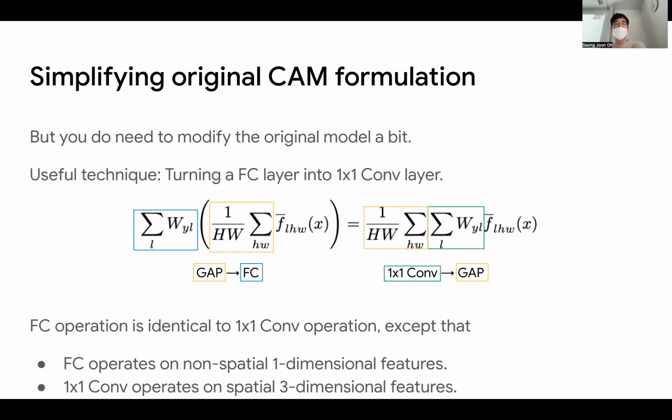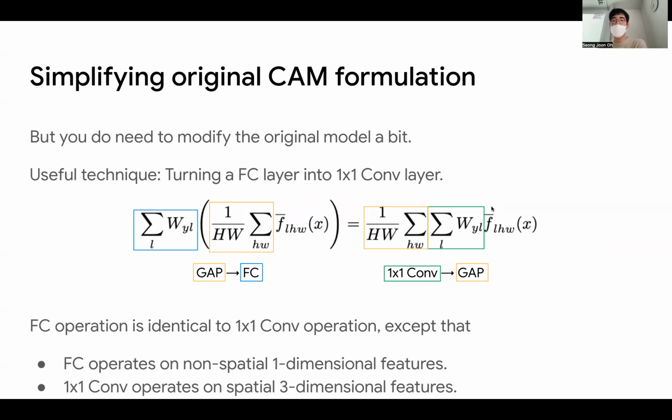But now, by doing this, you actually do need to modify the original model a little bit. Because now it was global average pooling and then fully connected layer. But now it's actually one-by-one convolutional net layer and then global average pooling.